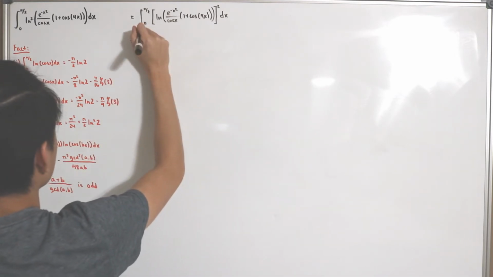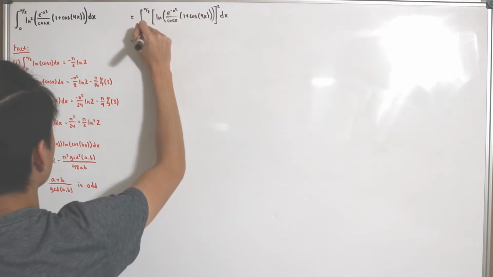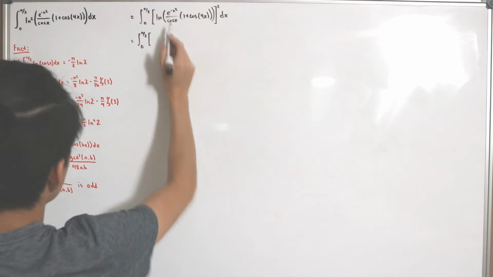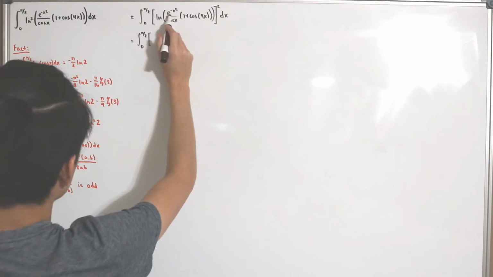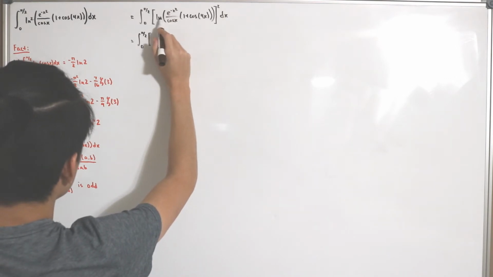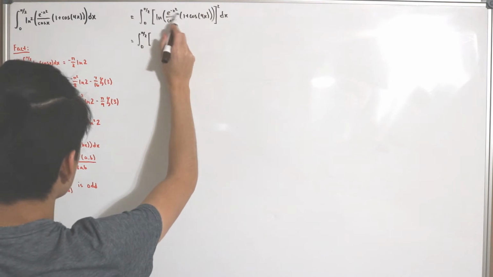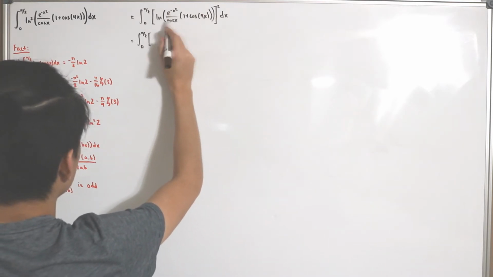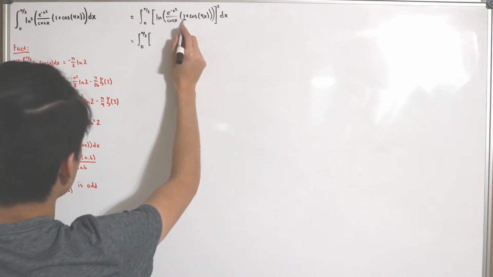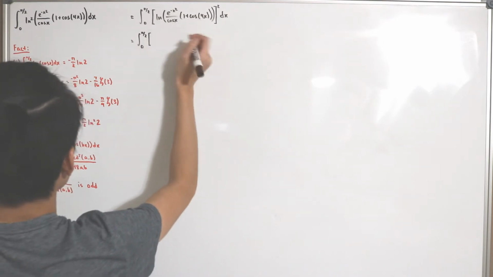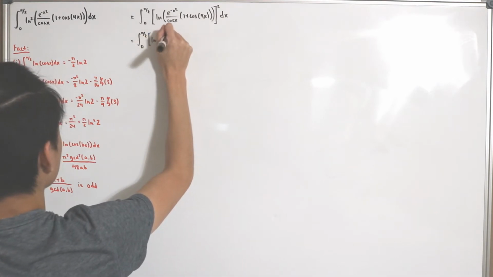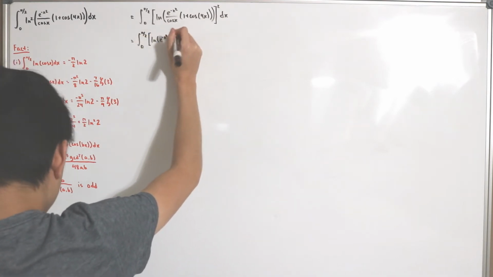So to put it simply, we write the same integral, and using natural logs, I want the natural log of e to the negative x squared, plus the natural log of 1 plus cosine 4x divided by cosine x.